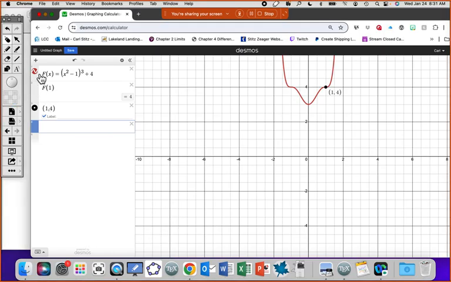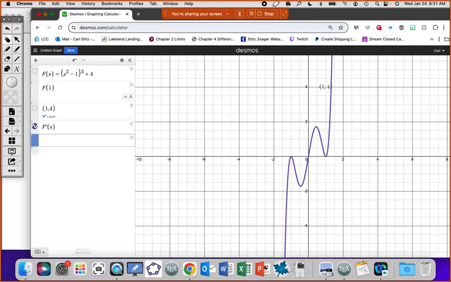So let's do that. We'll take this graph off and take off that initial point. F prime of x looks like that. It's pretty gnarly. And then 6x times (F of x minus 4) to the 2/3. And then you see the graphs are indistinguishable. So that's how you can check these things graphically using Desmos.